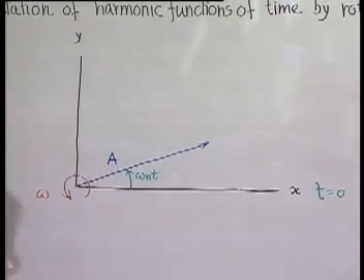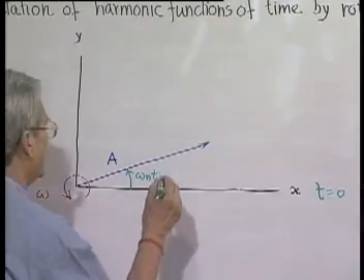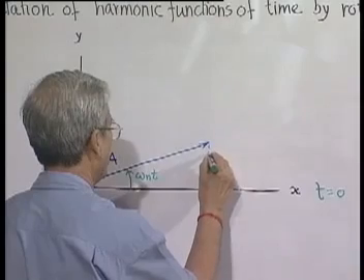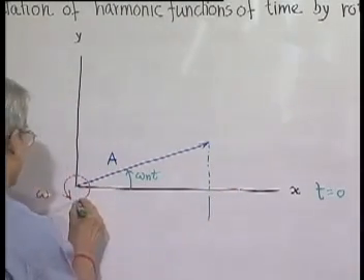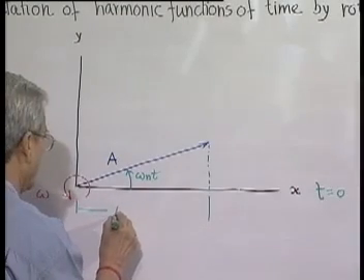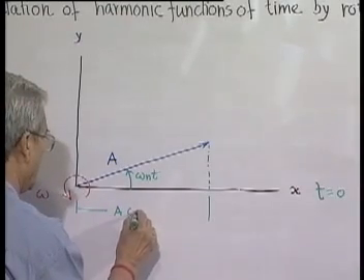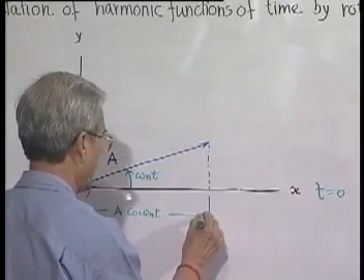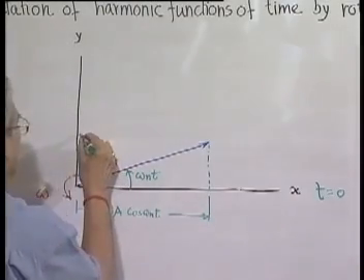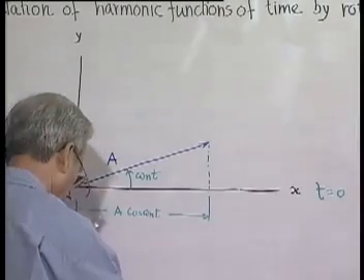Now, let us find out the projection. If you take this projection, how much is this? This is obviously A cosine omega t, and sorry, there is no omega n.